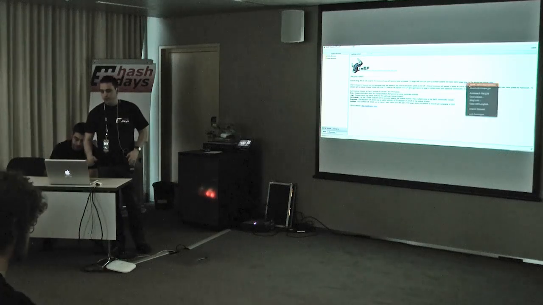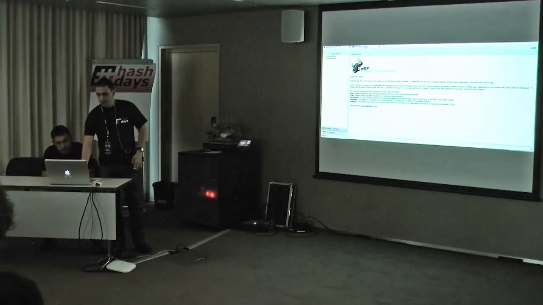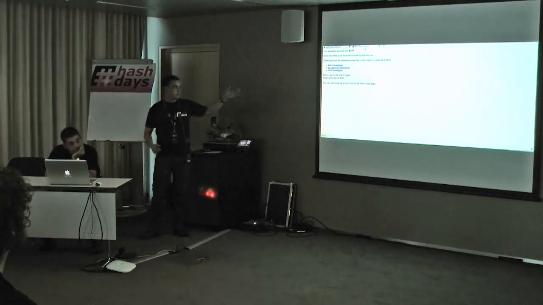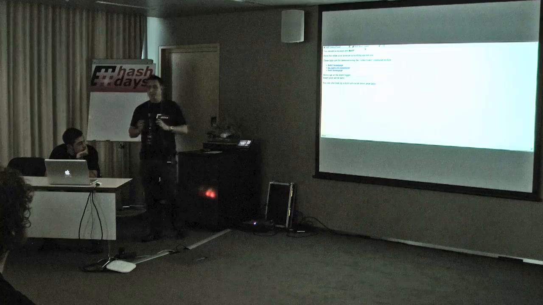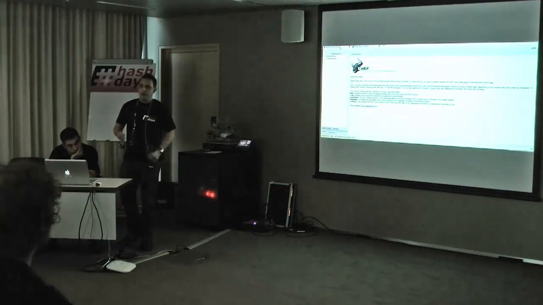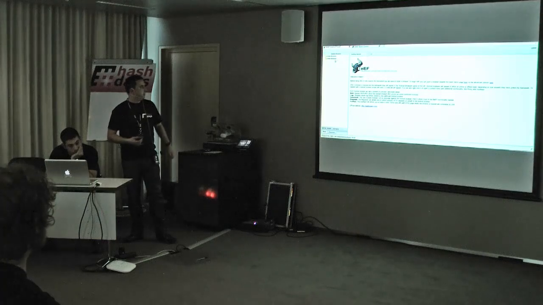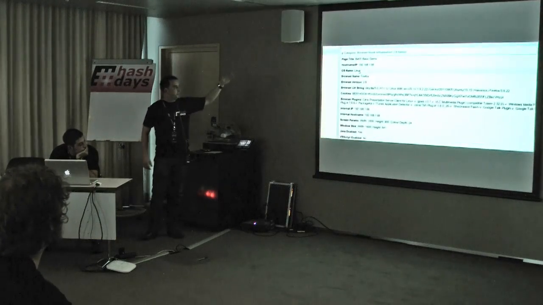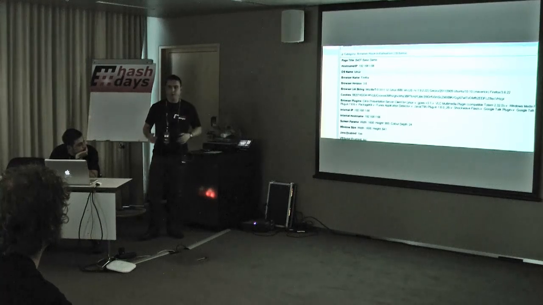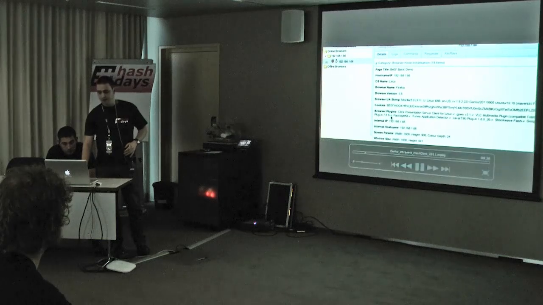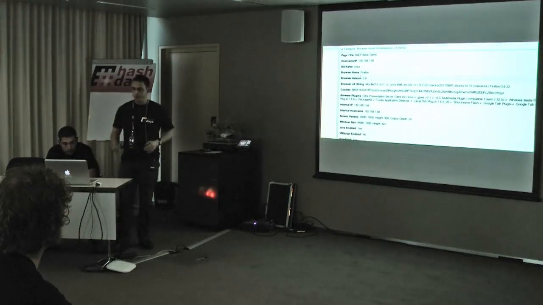Now we are going to open a basic demo. This tab acts as the window of the victim. So in the admin panel a new victim will appear in a few seconds. There we go. Here we can see the information about the victim. We can see the operating system and the browser.